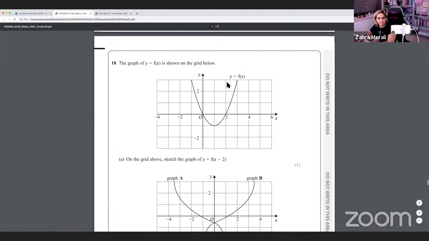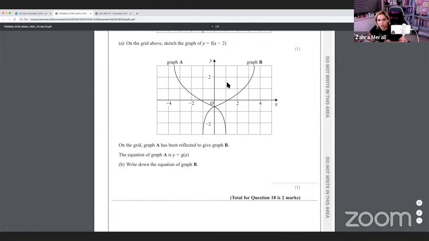Next one. We've got a graph that's been reflected, and we want to write down the equation. Okay, so it's been reflected. All the x's have swapped. Can you see that? If you look here, the x on the original graph is over here, and the x is here, but the y's have stayed the same.